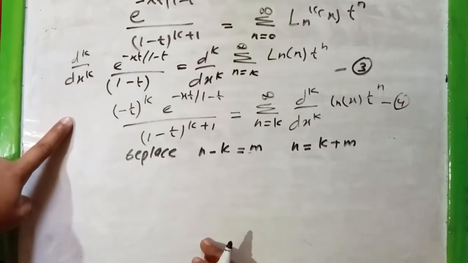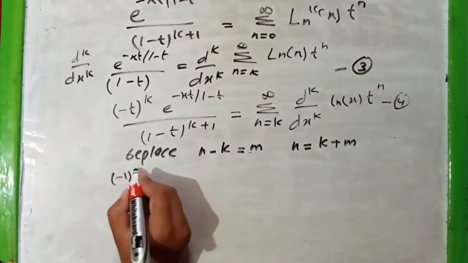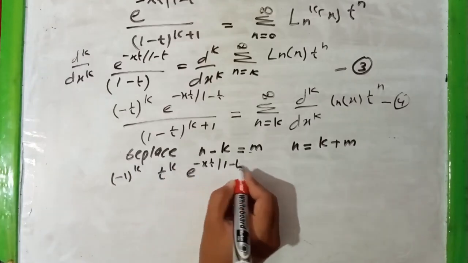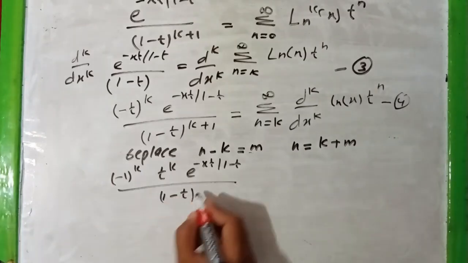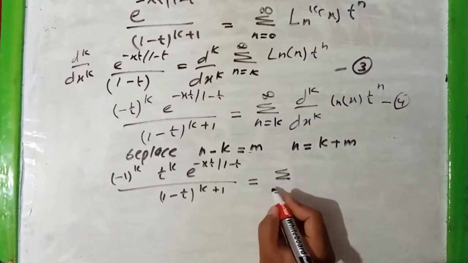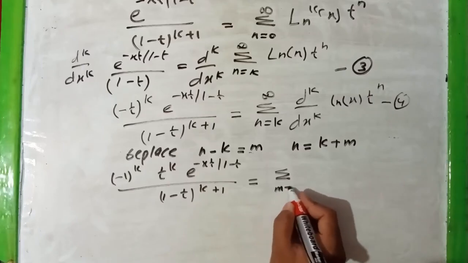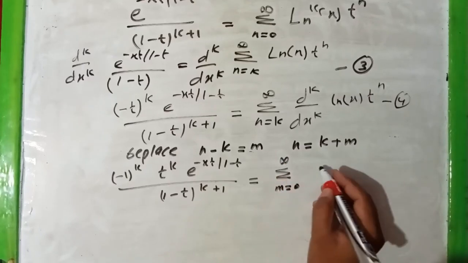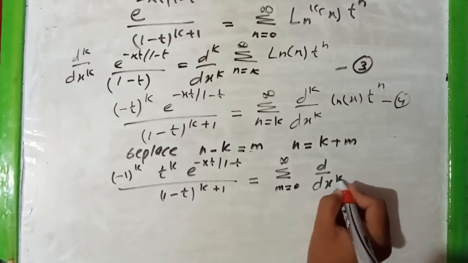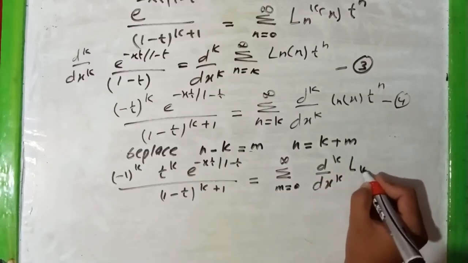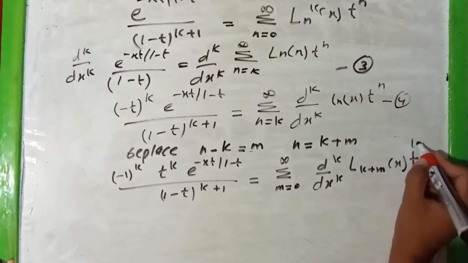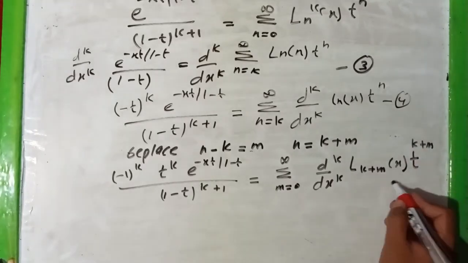So the left hand side of equation 4 can be written as (-1)^k t^k e^(-xt/(1-t)) / (1-t)^(k+1) is equal to summation m = 0 to infinity kth derivative of L_(k+m)(x) with respect to x, t^(k+m). This is equation number 5.